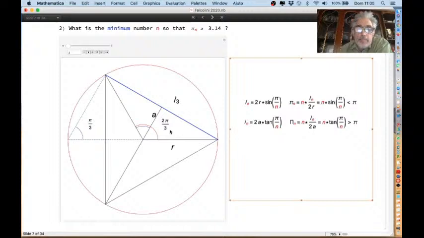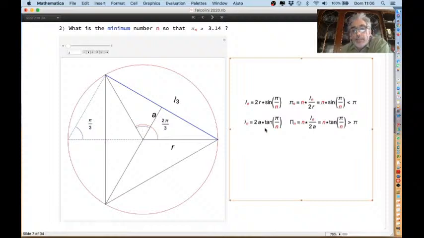Moreover, the apothem of the triangle, which is this height from the circle perpendicular to the side L3, we can relate it also L3 to A by saying that, of course, we have two radii here, and so we have an isosceles triangle, and the angle, the blue angle, is again half of 2 pi over 3, so it's pi over 3, and here we can use trigonometry applied to the triangle, and say that the one side, which is L3 divided by 2, is equal to the other side times the tangent of this blue angle.